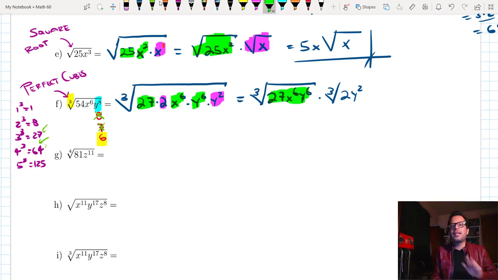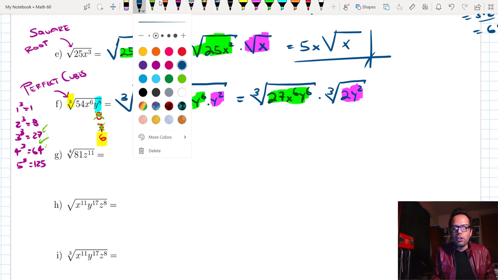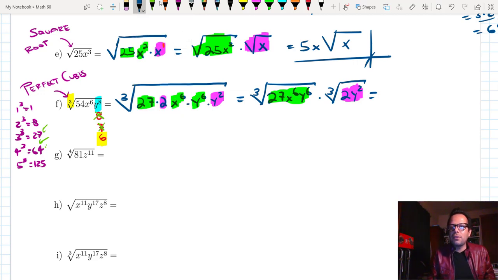Green for the ones that are nice perfect cubes, and purple for the ones that are not perfect cubes. The ones that are not perfect cubes, we leave them alone inside of the radical, and we just evaluate the ones in green. So the cube root of 27 is 3.